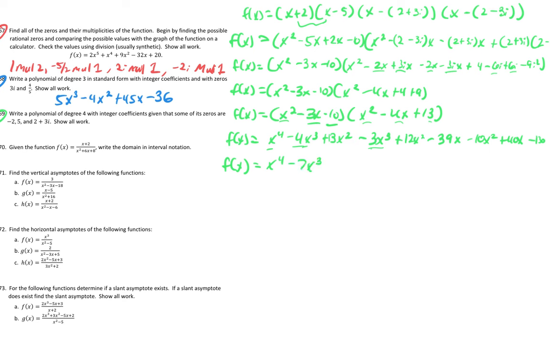So minus 7x cubed, so plus 13x squared, plus 12, so we're at 25x squared, minus 10x squared. That will give us 15x squared. Then, let's see, going through minus 39x plus 40x, so plus x minus 130.